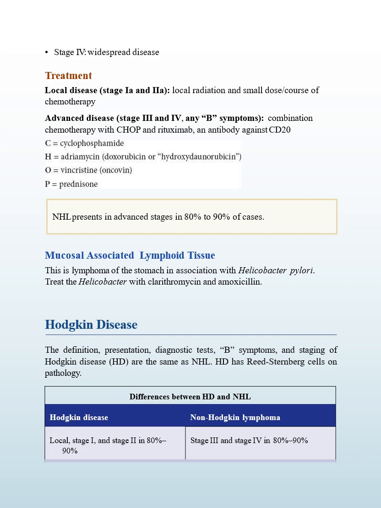CHOP stands for cyclophosphamide, H for adriamycin or doxorubicin or hydroxydaunorubicin, O stands for vincristine or Oncovin, and P for prednisone.